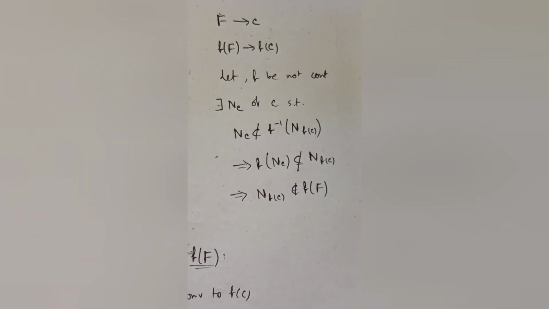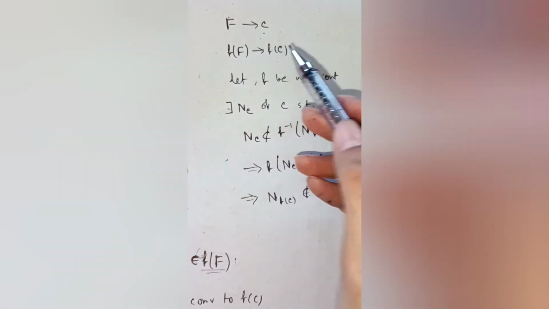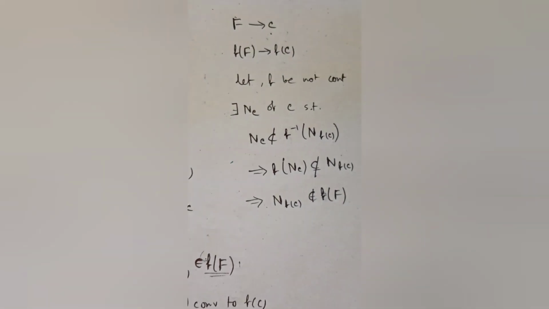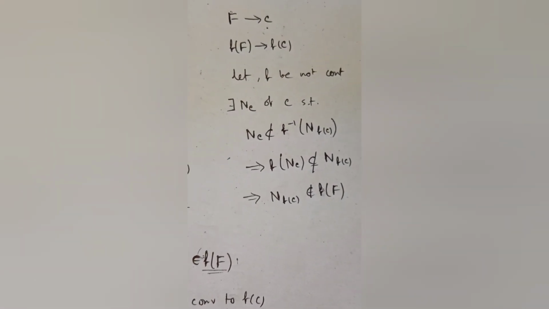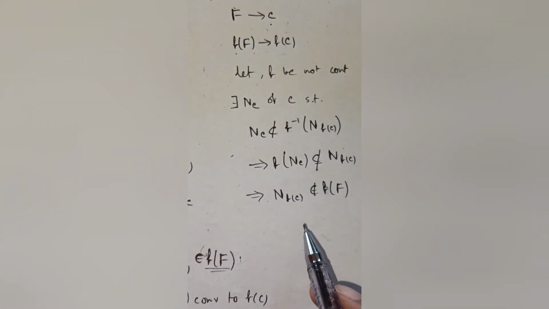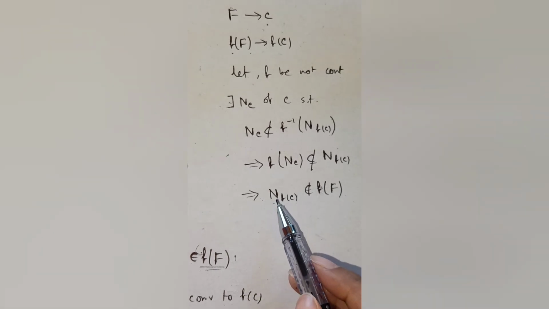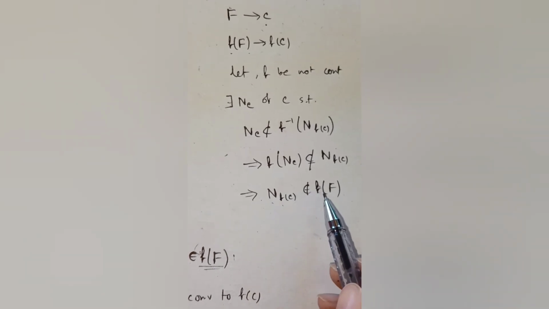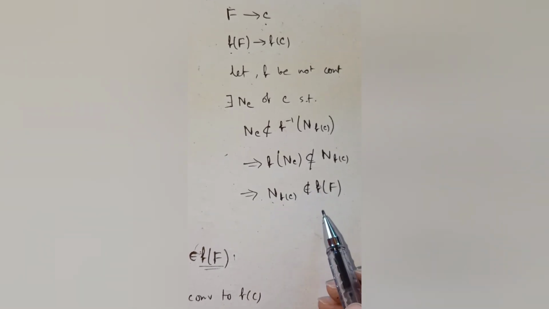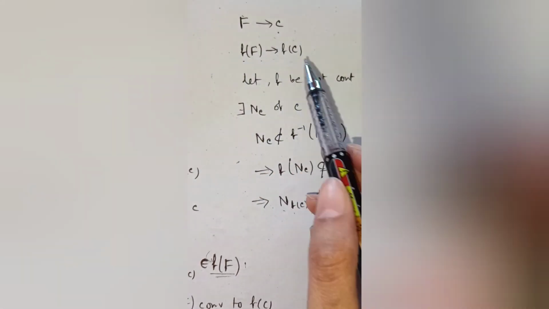Because F is a filter which converges to c, for which the f image of F converges to f(c), and N of f(c) is a neighborhood of f(c) which does not belong to the f image of F. It shows that the f image of F does not converge to f(c).